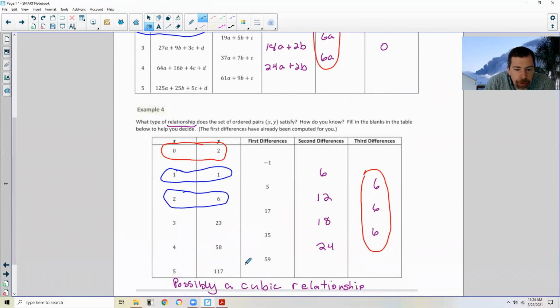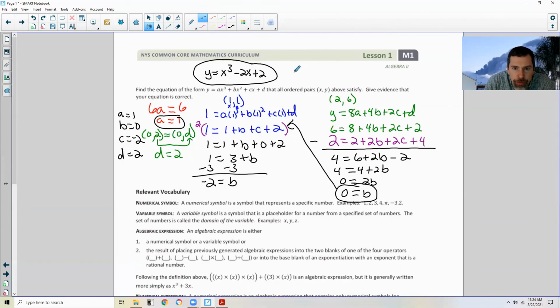And I could plug any one of those in and it should be true. So let's do that. Let's plug in 4 and see if we get 58. So if I plug in 4 here, y equals 4 cubed minus 2 times 4 plus 2. Y equals, well, 4 times 4 is 16. 16 times 4 is 64.